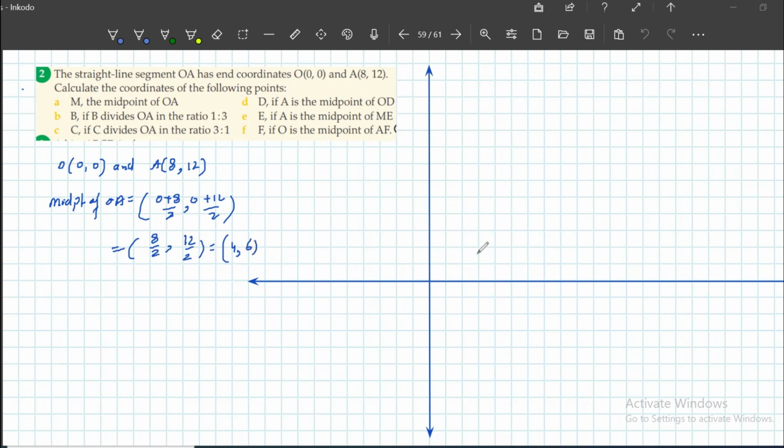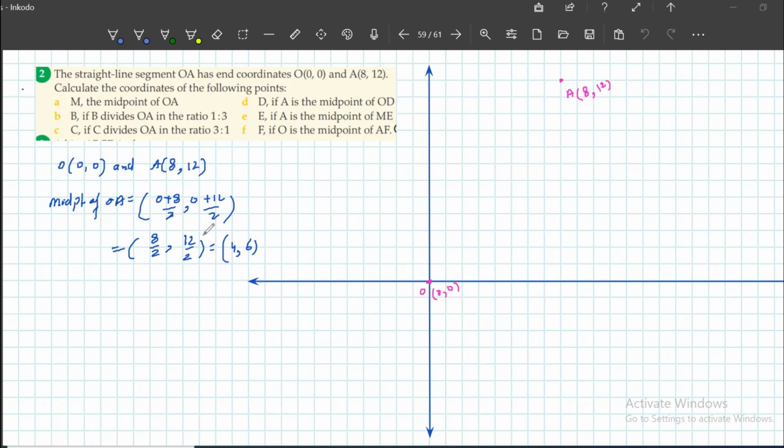So if we plot these points, this is the origin, where both x and y are 0, and this is exactly the point O as well. The point A is 8 units right and 12 units up.